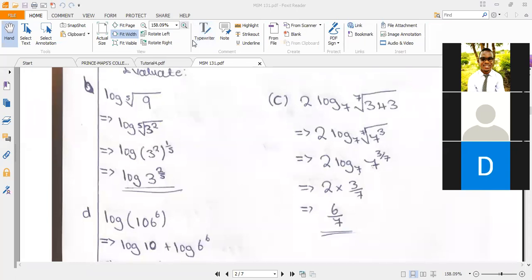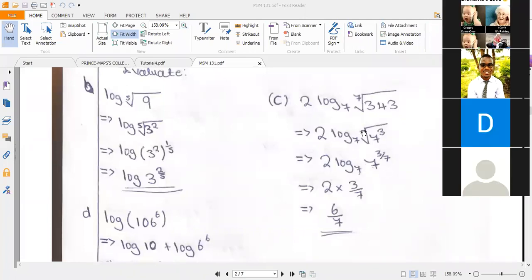If you have any question, you can ask. Francis, go ahead. Sir, on 2 log 7 7, what if it was a different number? Could it be the same as 1?